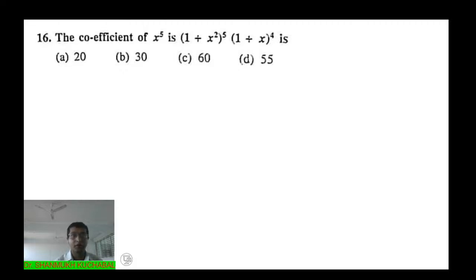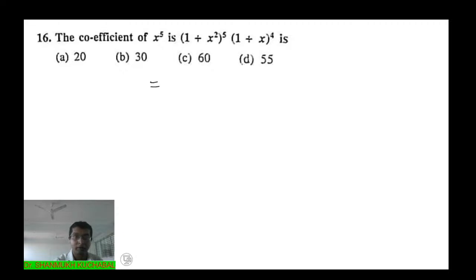The coefficient of x raised to 5 in (1 plus x squared) raised to 5, times (1 plus x) raised to 4. Here, first n equals 5, we will expand it.